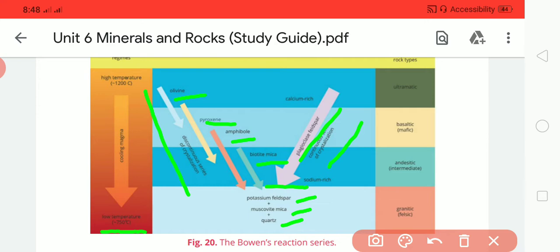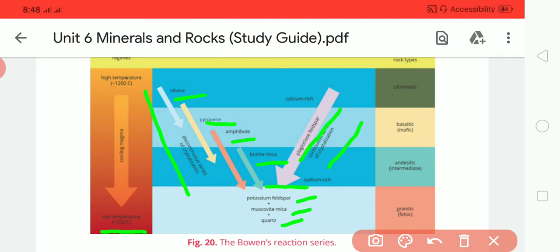Now, if it is subjected to its lowest temperature for a certain type of igneous rock to form, then it forms into either potassium feldspar, muscovite mica, or quartz. And that is Bowen's reaction series.